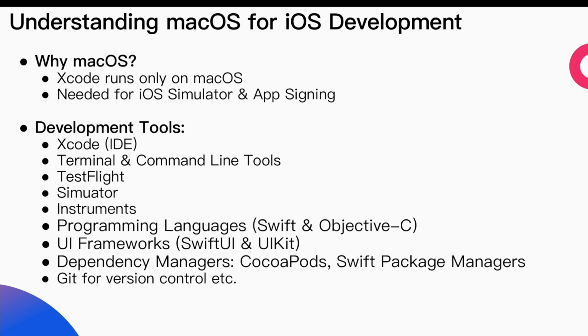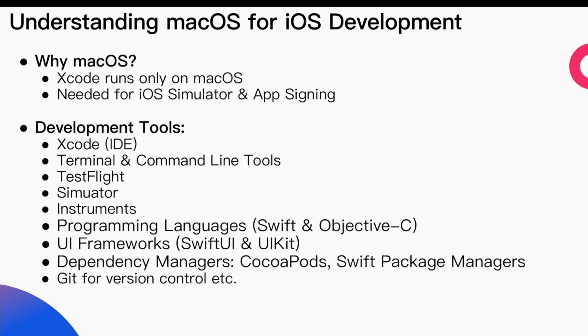To develop iOS apps, macOS is essential because we need Xcode, Apple's official integrated development environment, which only runs on the macOS platform. In addition to Xcode, we'll also use tools like terminal, simulator, command line tools, and instruments for debugging and testing.